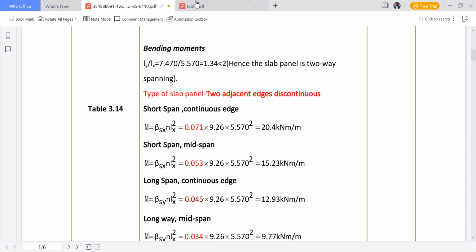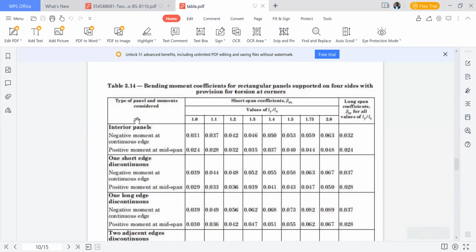We'll come here. Now this is the type of panel. We have interior panel, one short edge discontinuous, one long edge discontinuous, and then for short span we use all this area. Long span has only one column here. And for long span, we don't consider the ratio Ly over Lx as indicated here.